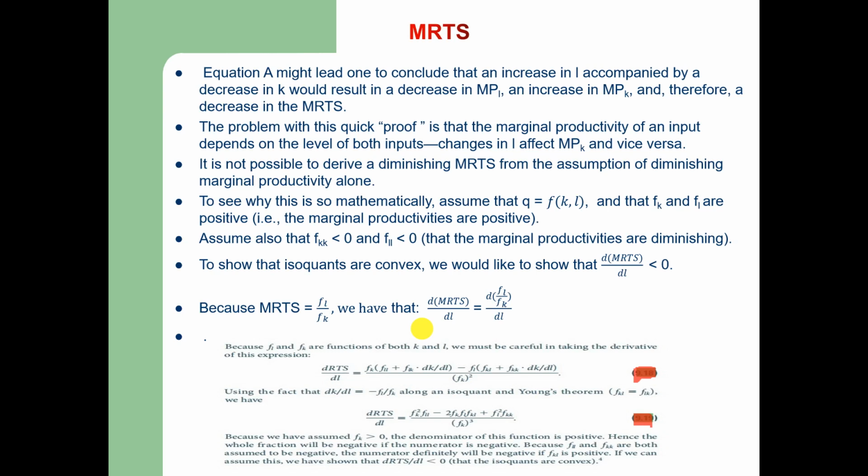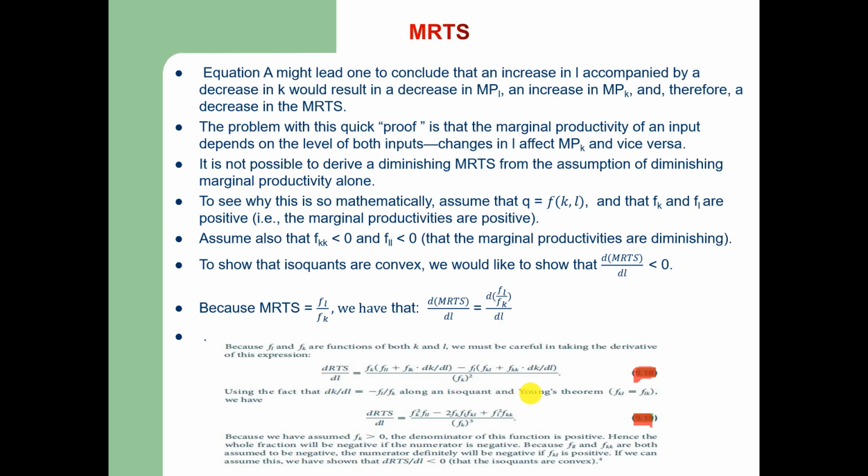And for your convenience, I have put it here. And this is the derivative of marginal rate of technical substitution with respect to L, which is equal to this ratio. And using the fact that the change in K with respect to labor is equal to the negative of the marginal productivity of labor divided by marginal productivity of capital along an isoquant.